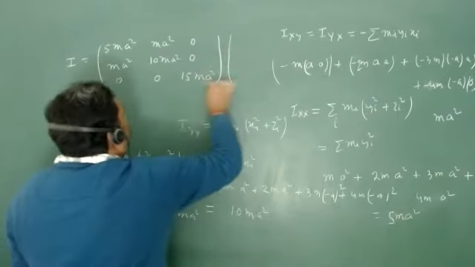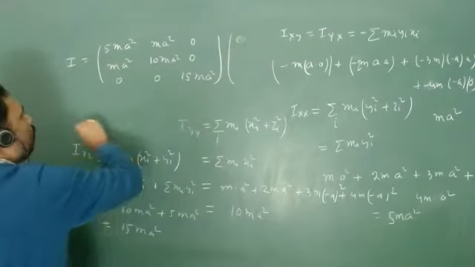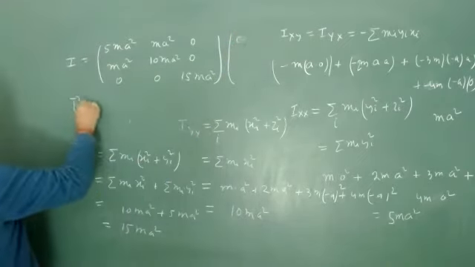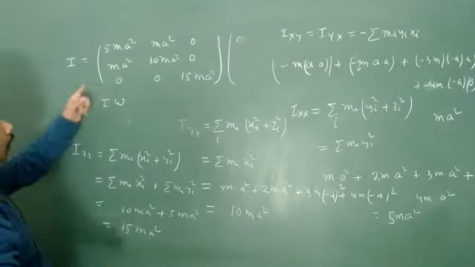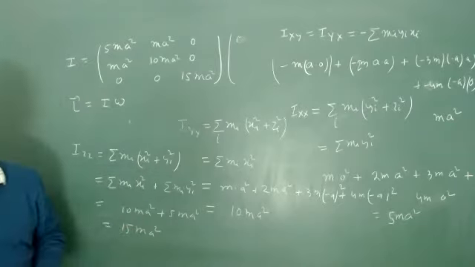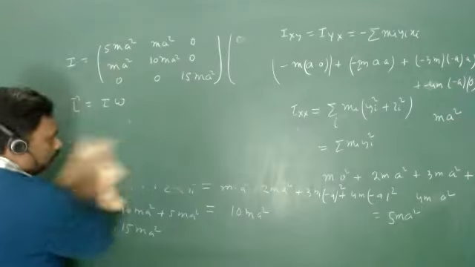And if we are going to calculate the angular momentum, then angular momentum L is equal to I omega, and we can easily calculate by multiplying with omega, which is also written in terms of vectors.